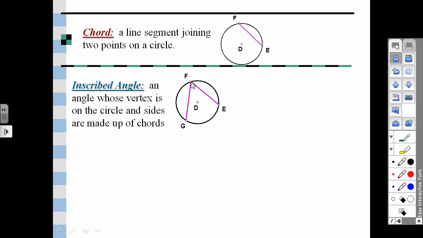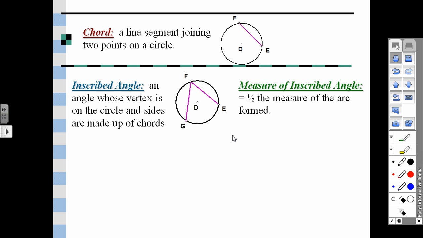The vertex is point F, which is actually on the circle. And then the sides of the angle are the chords of the circle. Okay, so these 2 sides of the angle have to go through the circle at some point. You can't have one of them being off out here and being tangent or something. Okay, so that's an inscribed angle.